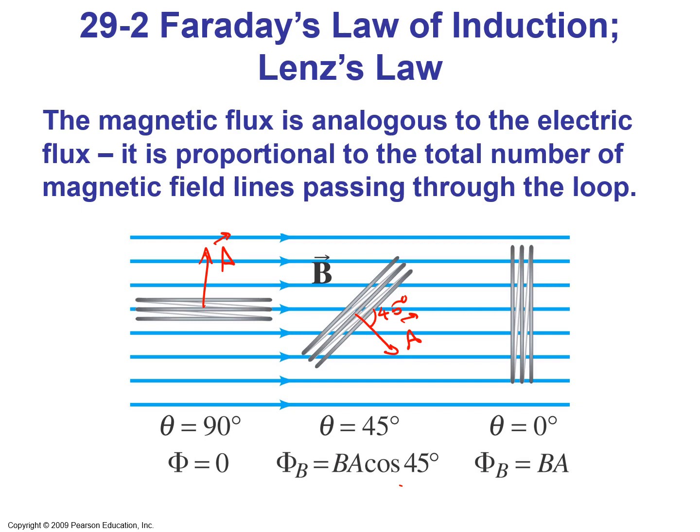And we have the maximum flux where the normal to the surface is along the lines of the magnetic field and there's no angle between them. Therefore, cos 0 is the maximum, and the maximum flux will be the magnetic field times the surface area A.